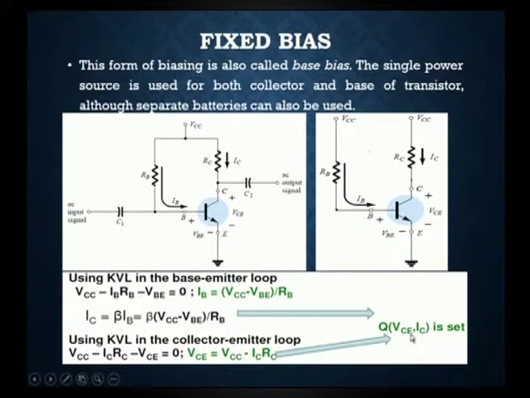So this is how, by applying KVL for the two loops, the emitter-base and the emitter-collector loop, we can find the collector current and the collector voltage. By knowing these two values we can set the operating point.